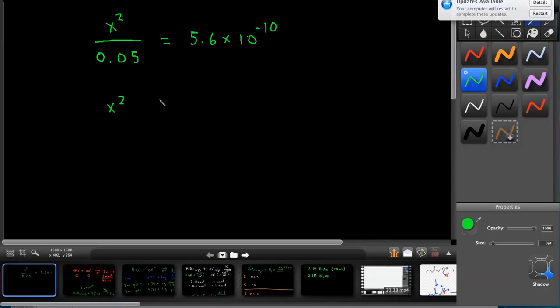X squared is going to be equal to 1.12 times 10 to the minus 12.